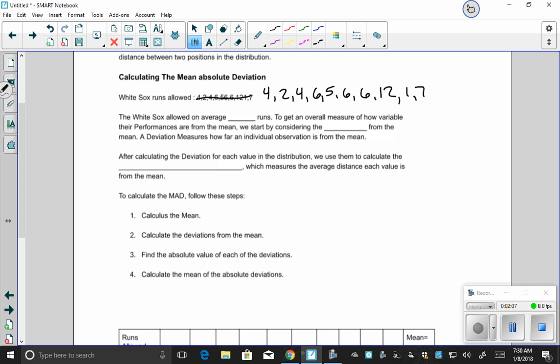So on average, the White Sox, so find the average. What is the average of their runs allowed? When you find the average, put it here.